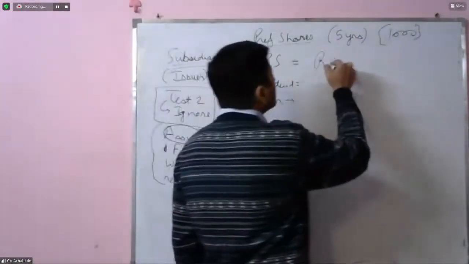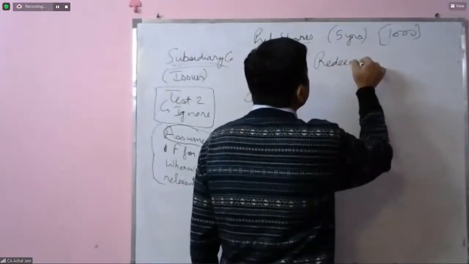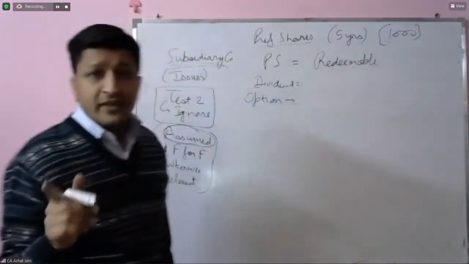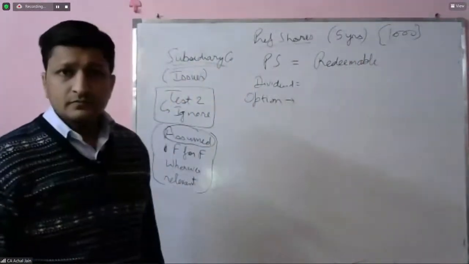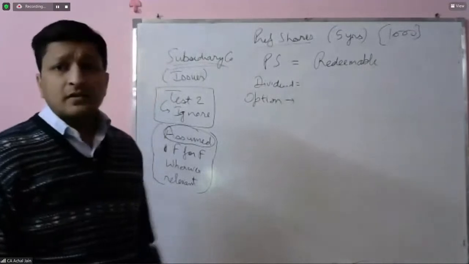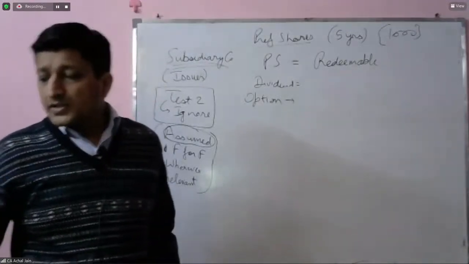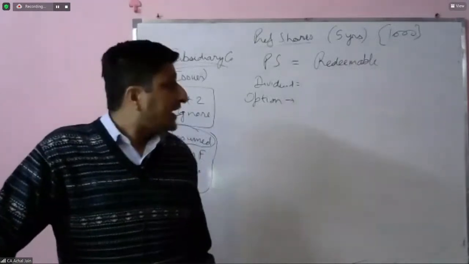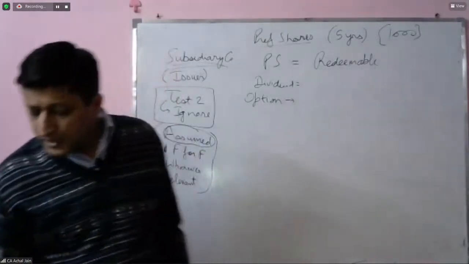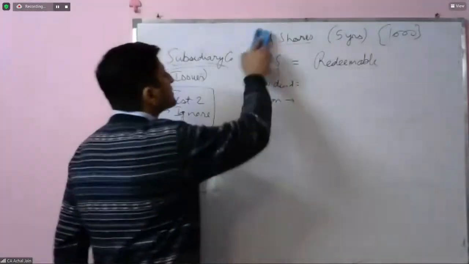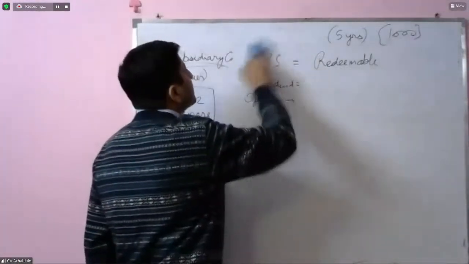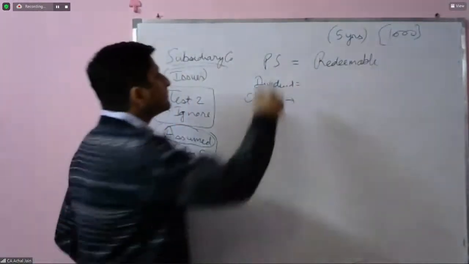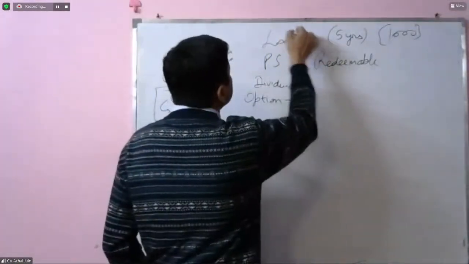Preference shares are redeemable after 5 years. But dividend repayment is not mandatory. It's interest free. Or instead of preference shares, let me just say it's a loan.